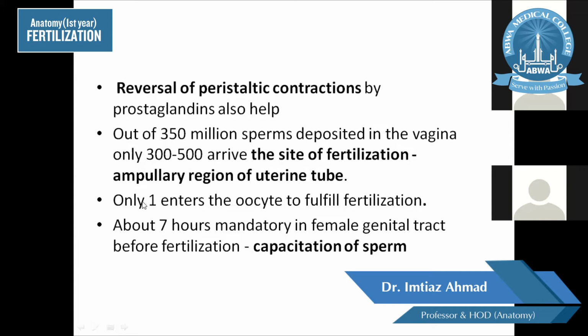And only one of them enters the oocyte to fulfill fertilization. All the rest are wasted. No more needed. So you can see the immense population of sperm the male has been provided with.